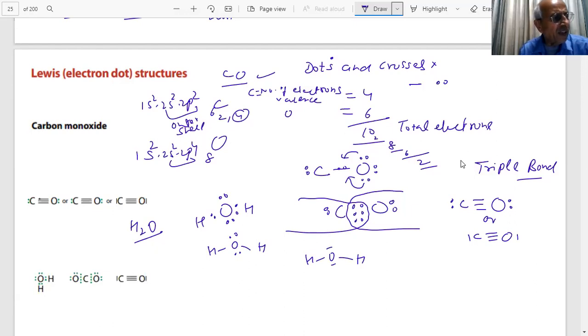Therefore, students, some practice is required to draw these Lewis electron dot structures. This is our octet theory, and this is what we have shown. In some cases, the octet rule is not obeyed for the period 2 elements which do not complete the octet, like BeCl2 or BCl3. We have shown BF3 molecules.